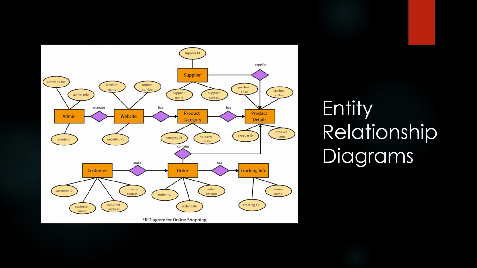ER diagrams are created based on three basic concepts: entities, attributes, and relationships. Now, ER diagrams contain different symbols that use rectangles to represent entities, ovals to define the attributes, and then diamond shapes to represent relationships.